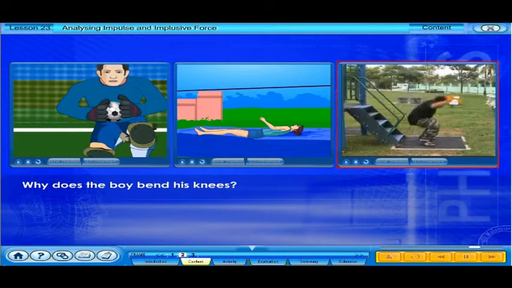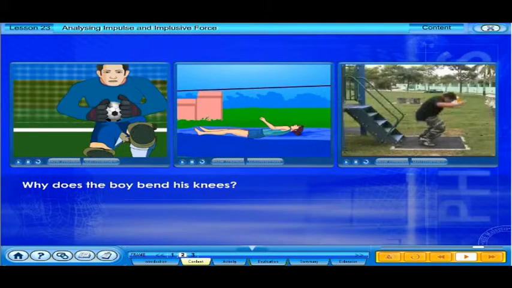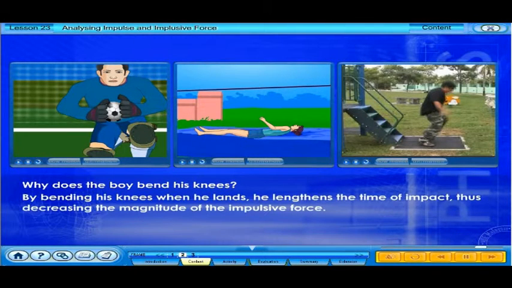Why does the boy bend his knees? By bending his knees when he lands, he lengthens the time of impact, thus decreasing the magnitude of the impulsive force.